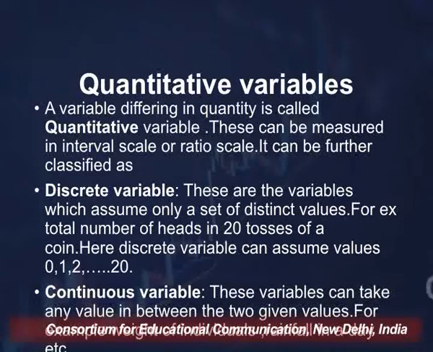By and large, we must understand that the data on quantitative variables can be added, subtracted, divided and multiplied. In fact, they can also be arranged in ascending or descending order. There is also equivalence among these variables. So these variables are a little bit easier to handle because all the mathematical operations can be done on them.